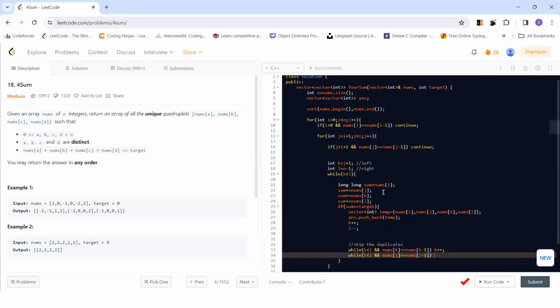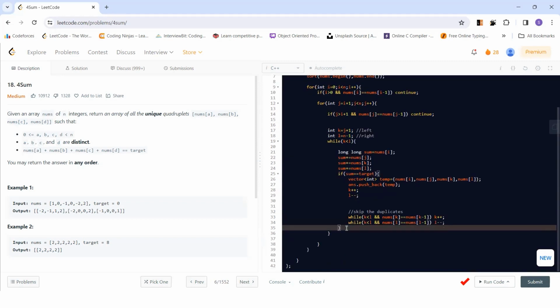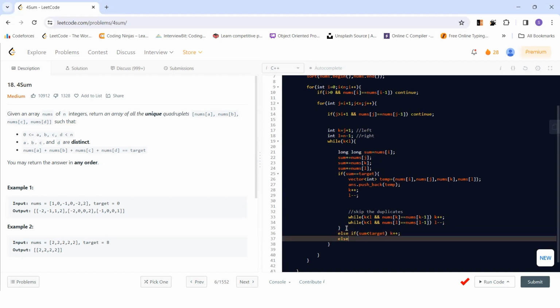Then we need to decrement our right pointer. If this is not the condition, else if sum is less than the target value, then we need to increment the left pointer, otherwise decrement the right pointer.